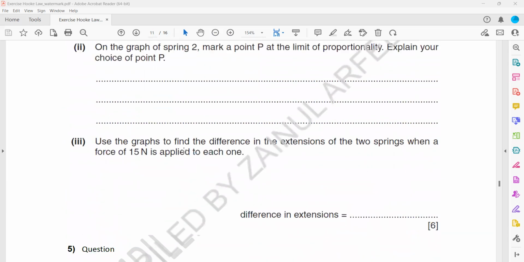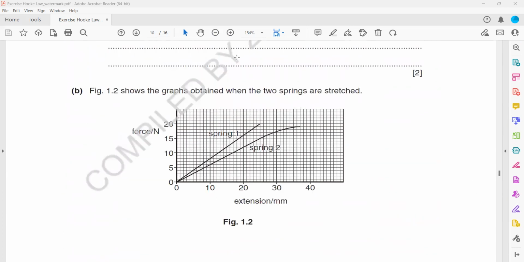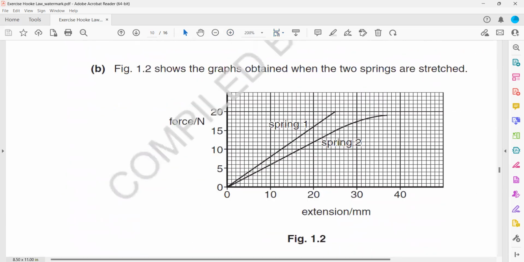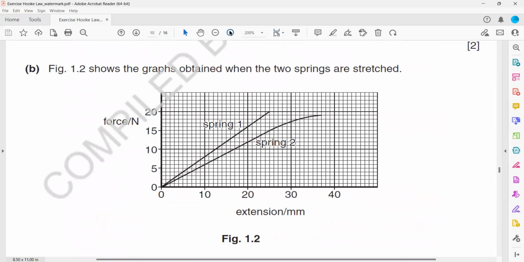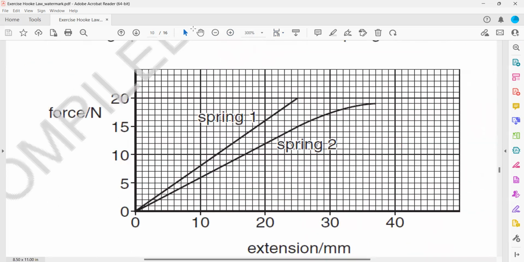Then use the graph to find the difference in extension of the two springs when 15 Newton is applied. When we apply 15 Newton for spring 1, the extension is 19 millimeter.